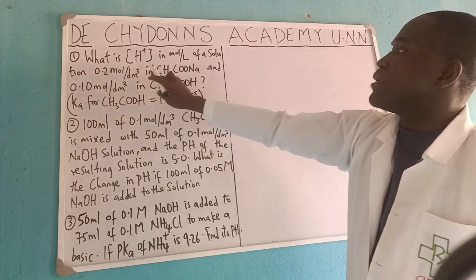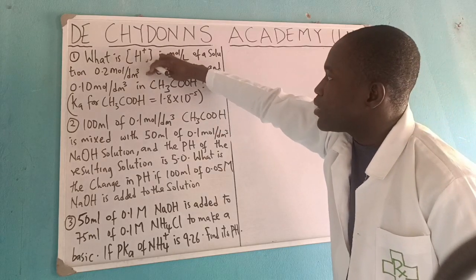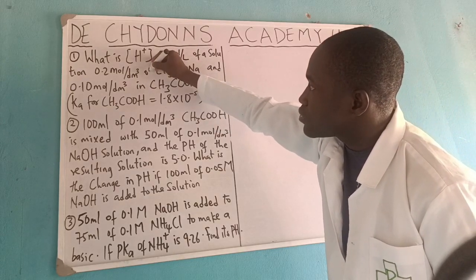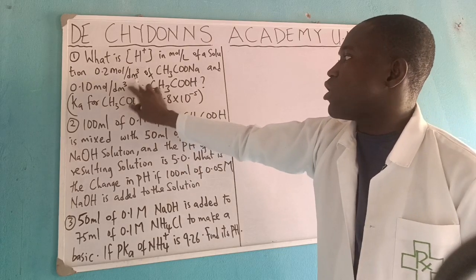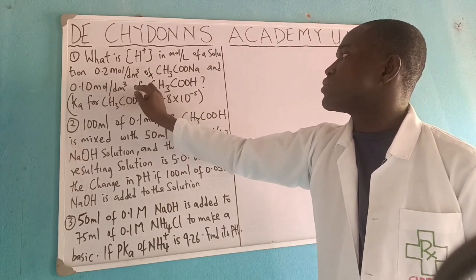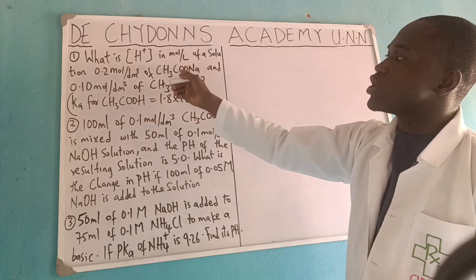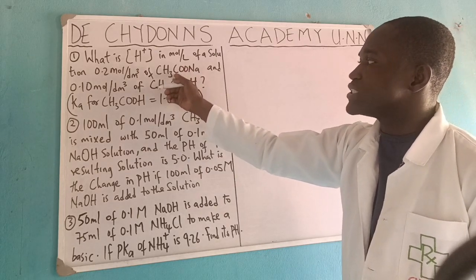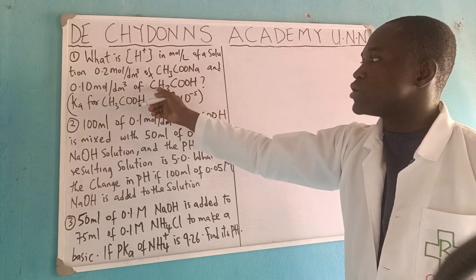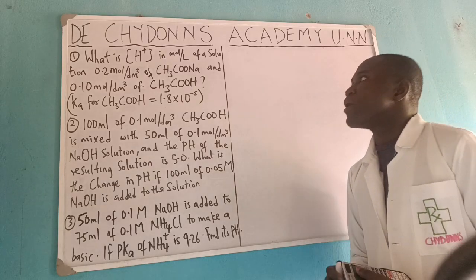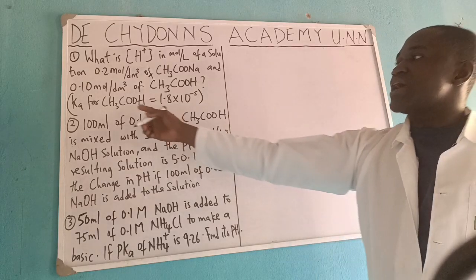What they mean is 0.8 of what, and this of what? They are telling you the concentration of the sodium ethanoate, which is the salt, and of the acid. Now, for you to solve it, they gave you the Ka.